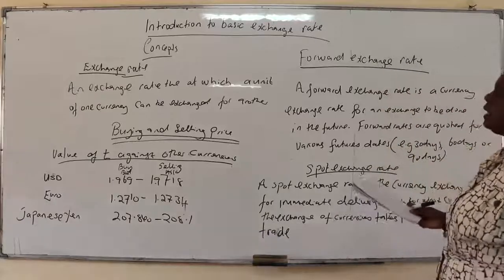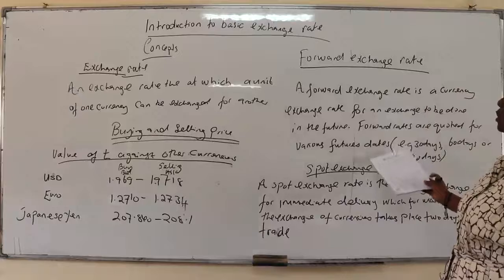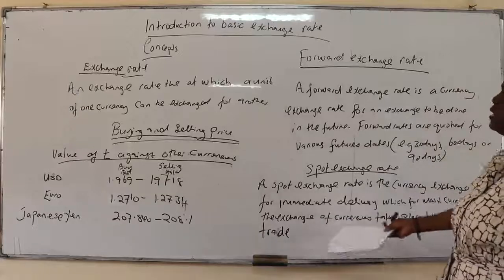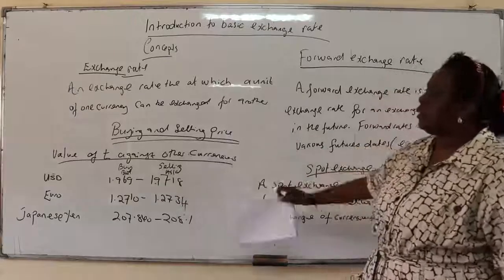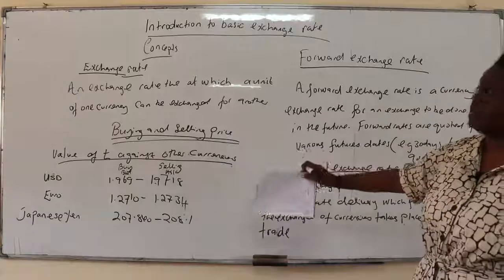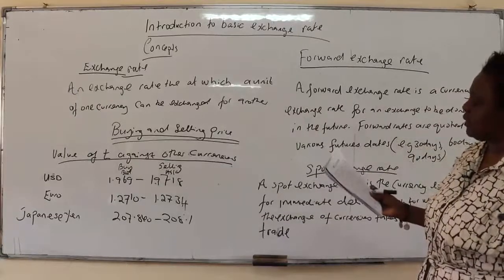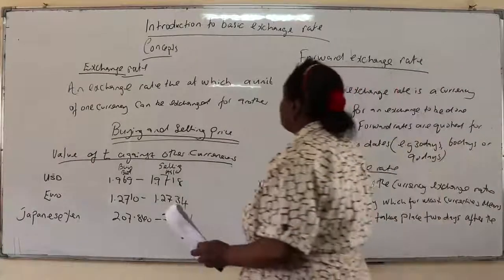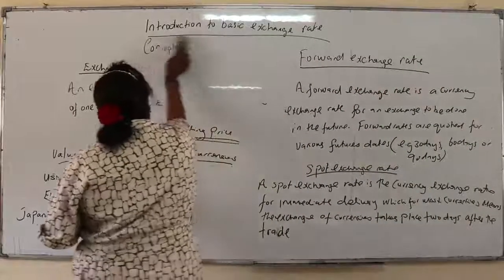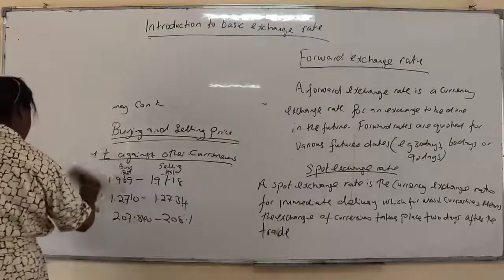I want us to look at a small example as we try to explain the forward exchange rate. I have told you the spot exchange rate. These are the rates that are quoted every day in the bank or in forex bureaus. So we're going to look at a small forward exchange rate example for us to understand the concept.